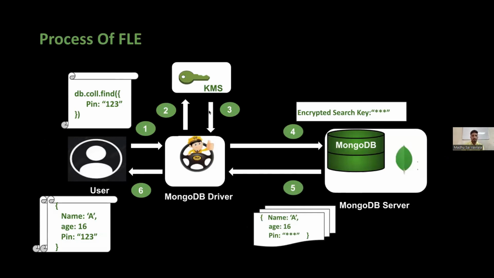Then the driver goes to the database and searches the relevant data, which is in encrypted form only. Then it collects the encrypted data, and after collecting it, it does the decryption process and provides it to the user in readable plain text format.